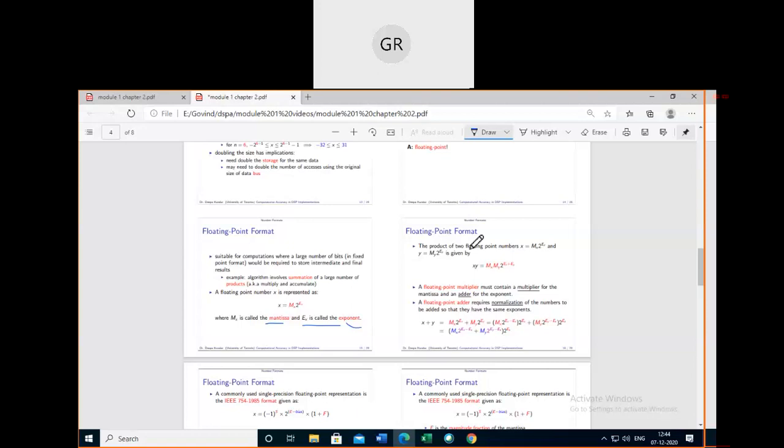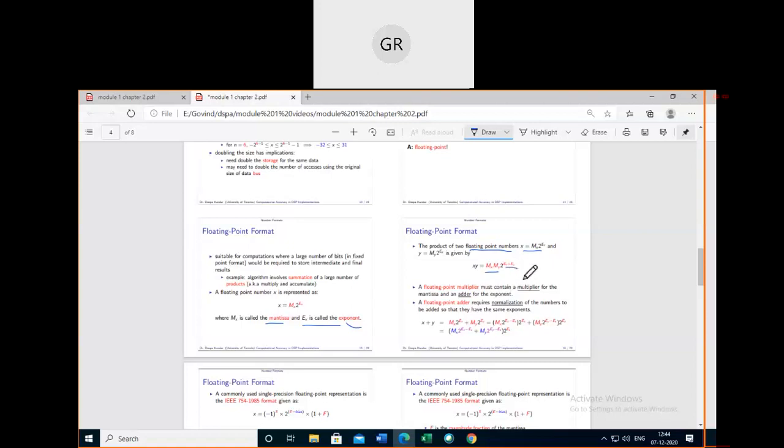In floating point format, when you are doing multiplication, for example the product of two floating point numbers, if x is equal to mx 2 raised to ex and y is equal to my 2 raised to ey, then what will happen to xy? The mantissas mx and my are multiplied, then 2 raised to ex into 2 raised to ey becomes 2 raised to ex plus ey.